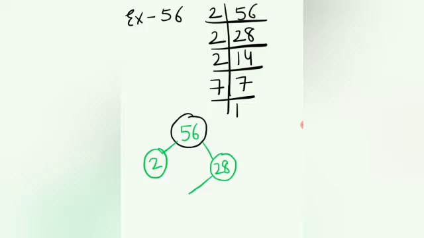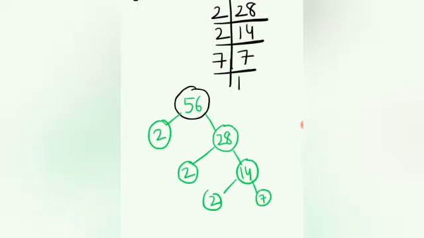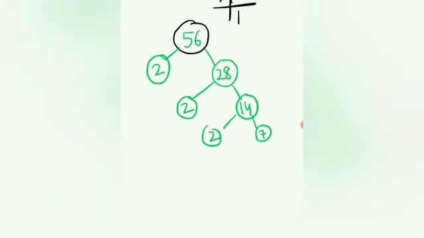Then again with 2, 2 14s are. Again with 2, 2 sevens are, and you have to make it neatly. The numbers come diagonally, and on this side you can write 7. 7 ones are 7. The last factor always comes down this way, 1.